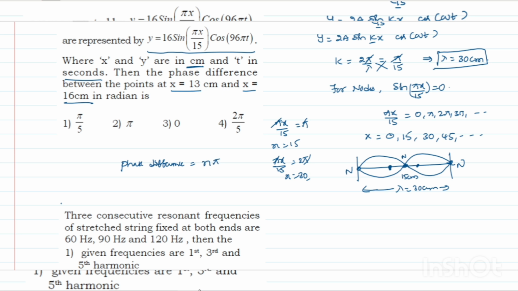When you are talking about x equal to 13 and x equal to 16 centimeters, how many node points will be present? Only one node point will be present. Then you have to put the n value as 1. When you put n as 1, delta phi, the phase difference, will be pi. Or else you can take, students, the stationary wave equation.